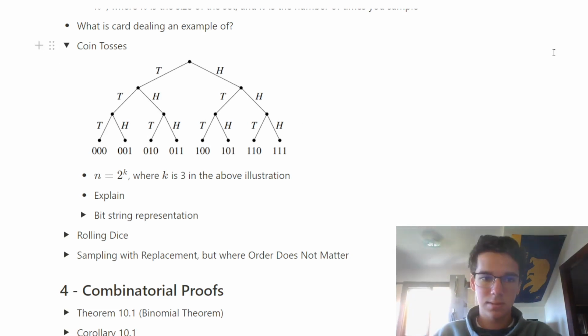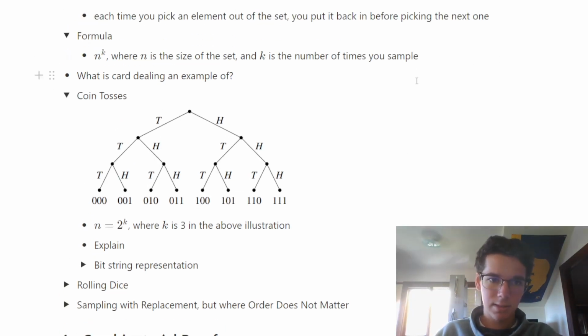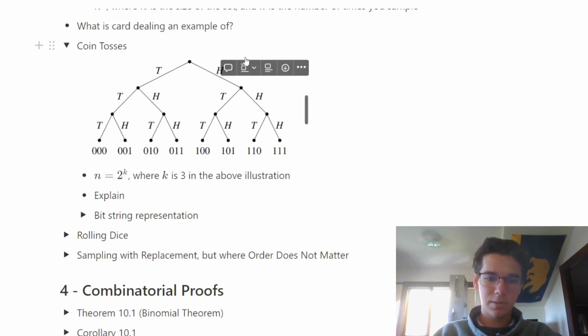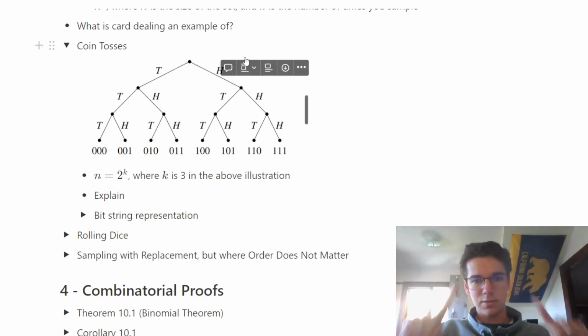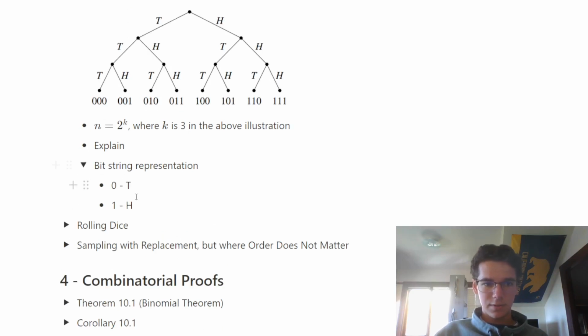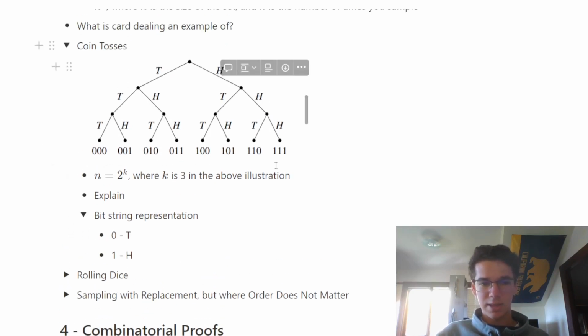So we want the number of unique sequences of flipping a coin 3 times, or k times. At the very beginning, we flip a coin, there are 2 possibilities. Then there are 2 possibilities for each of those, and so on. We're using a bit string representation for the outcomes, where 0 is a tail and 1 is a head.